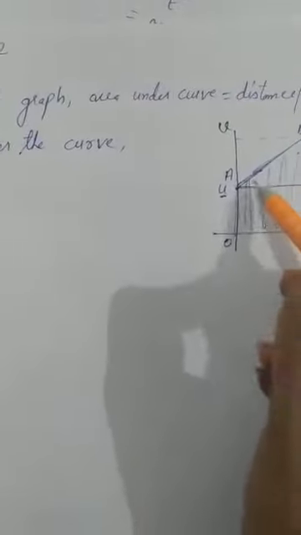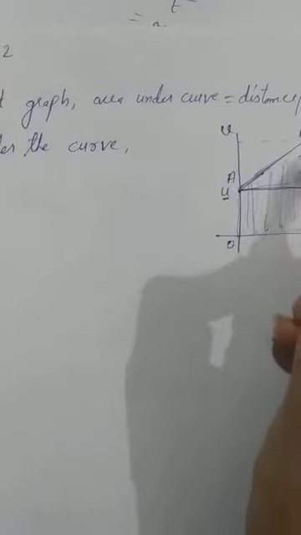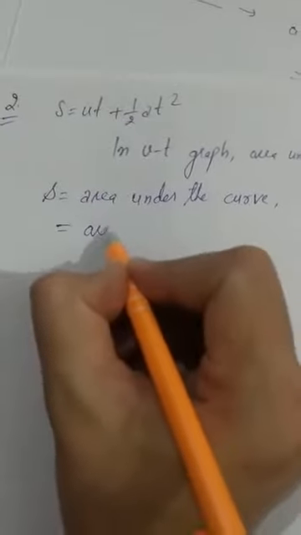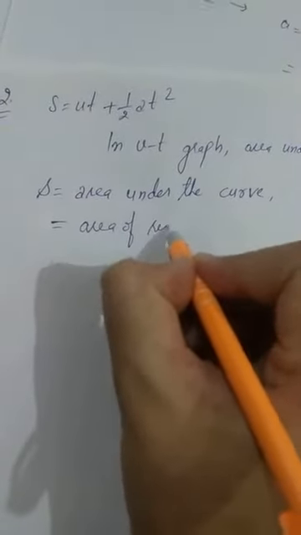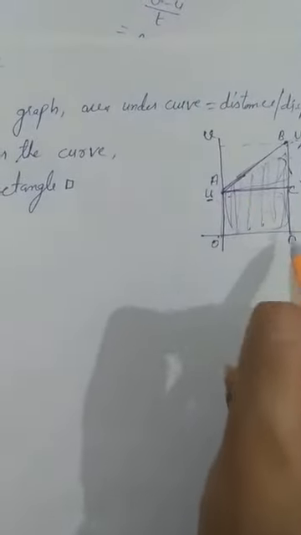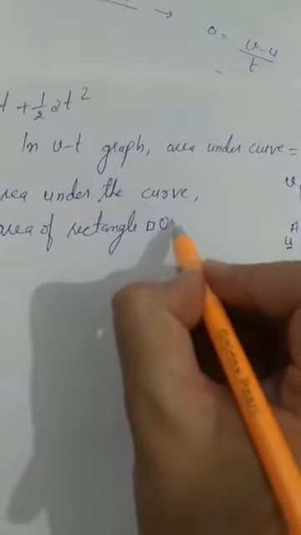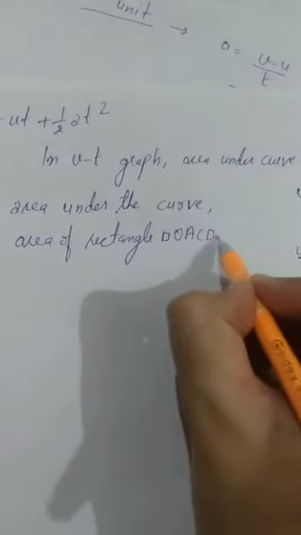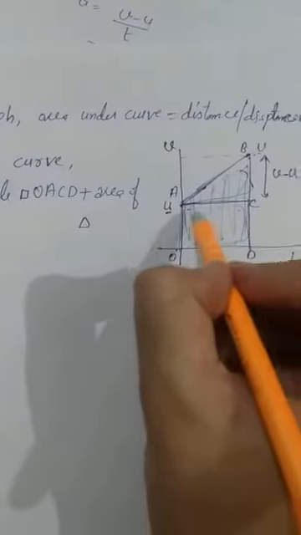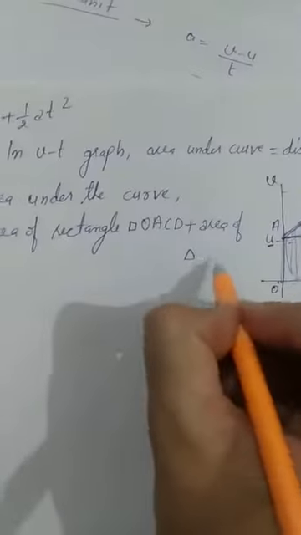Then we can write this area plus this area: this rectangle and this triangle. Area of rectangle OACD plus area of triangle ABC.